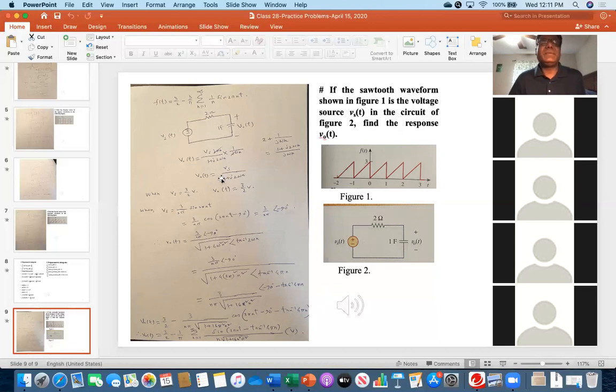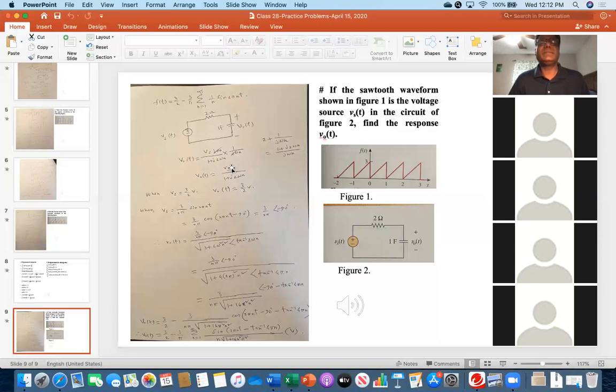Now in the output expression, there is Vs. This Vs is basically that topmost function. It has two parts. One part is DC, just a constant, 3 over 2. The other is the sinusoidal expression. When Vs is 3 by 2, in the V naught expression plug in that number.